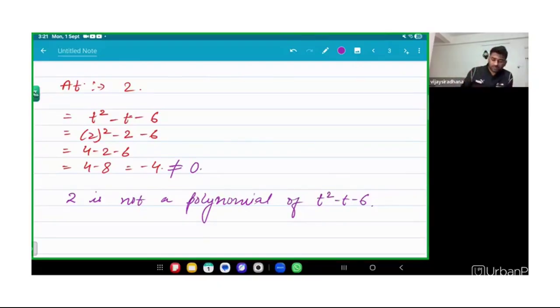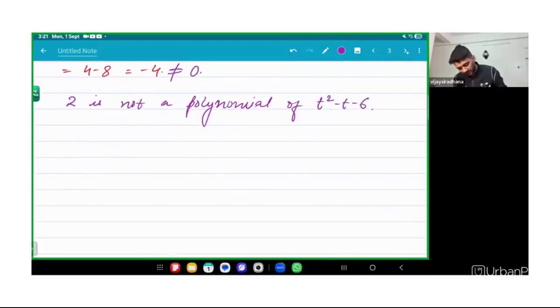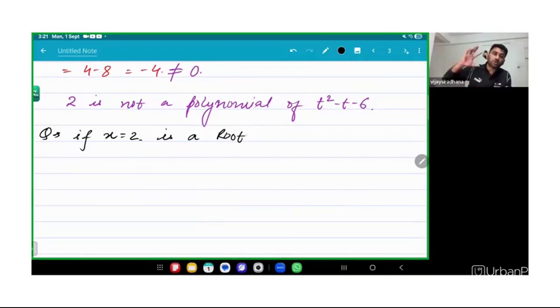Let's solve one more example with a little bit of difference. Now, the question is that x is equal to 2 is a root of the polynomial. They are giving that x is equal to 2 is already a root of the polynomial.